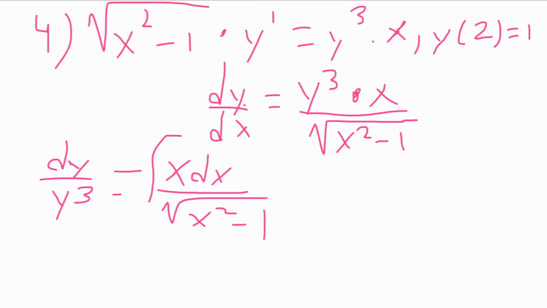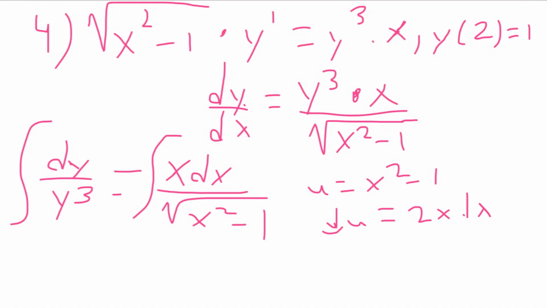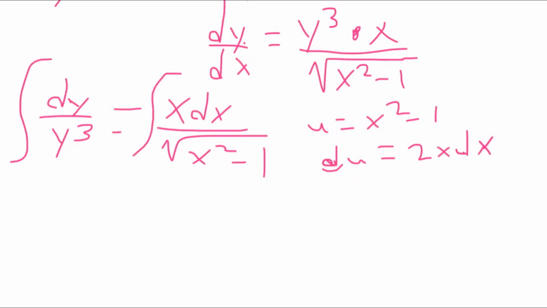So now we're integrating. Y cubed is just the power rule, and x squared minus 1 is a u sub. So we do u is equal to x squared minus 1. That means du is equal to 2x dx. Over here, the power rule: this is y to the negative 3 dy.